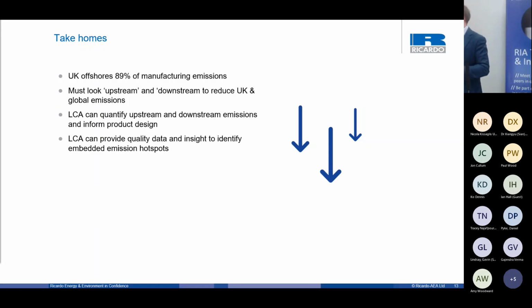And LCA is a really good tool to help you do that. You can tailor the tool in terms of what assessments, what impacts you want out of that, whether it's just carbon, whether it's global warming potential, whether it's ecotoxicity, biodiversity impacts, but it does allow you to look across that value chain and understand the sustainability of your product. So I think it's an interesting dimension for the rail sector.